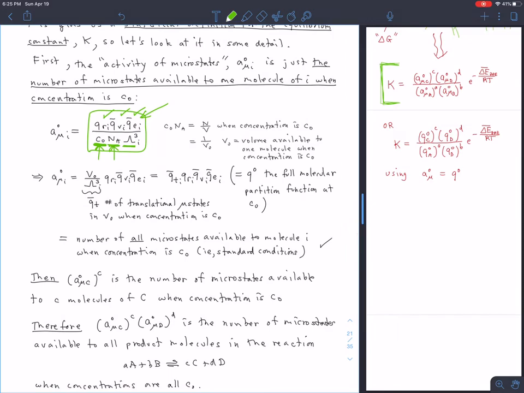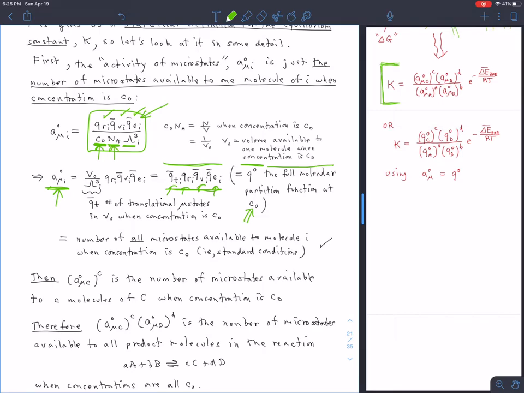If we interpret all of that, then it turns out that this microstate activity is exactly the same thing as the full molecular partition function for all the substates at once, for translations, rotations, vibrations, and electronic degrees of freedom, when the concentration of the species in question is the standard state concentration, C0.